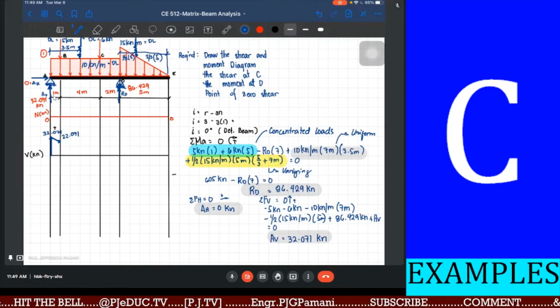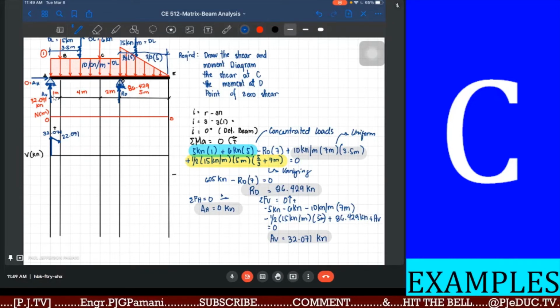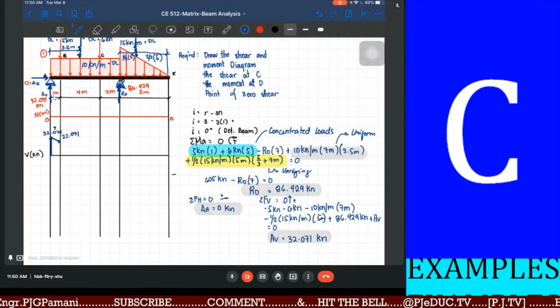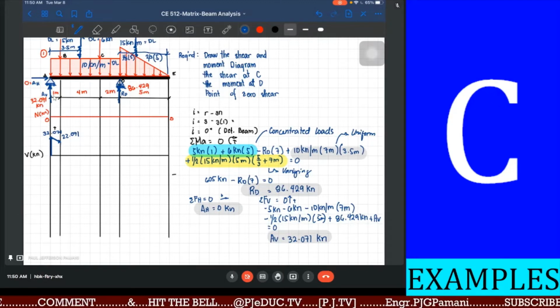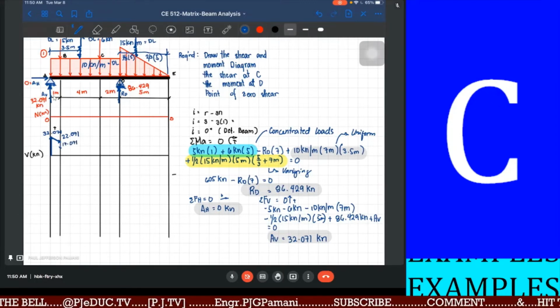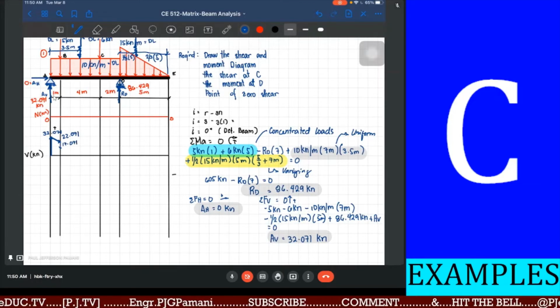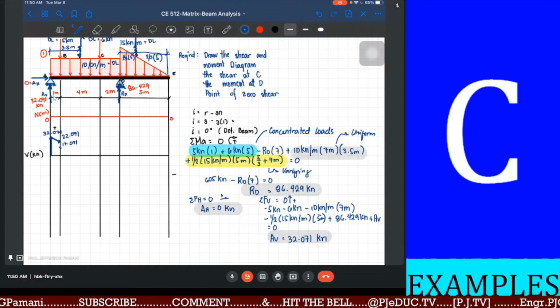So from 22.071, ibawas natin ulit yung concentrated load na 5 kilonewton. Minus 5 gives us 17.071 kilonewton. Then, from that point up until the 4 meter span, meron tayong uniform load.